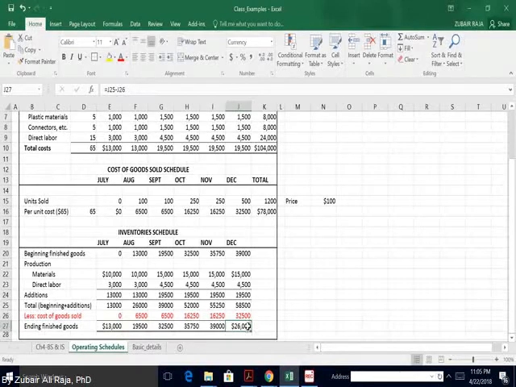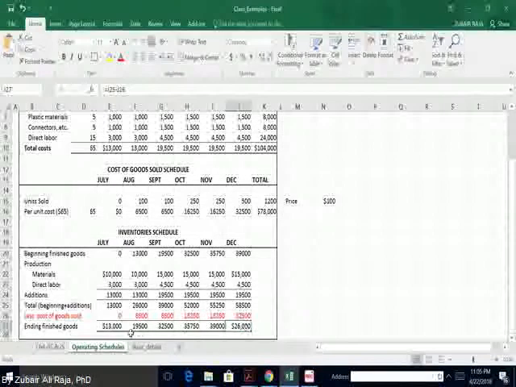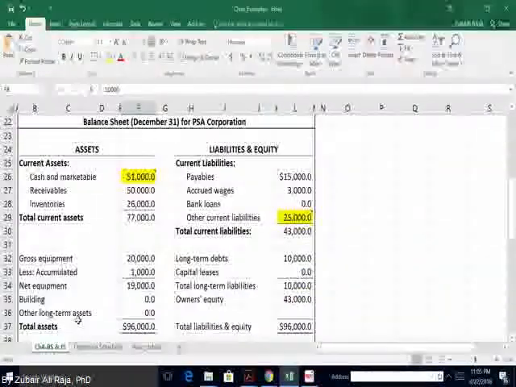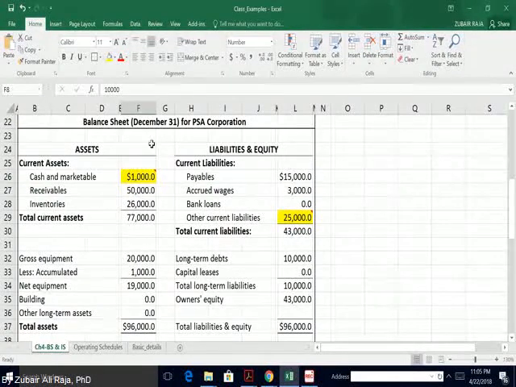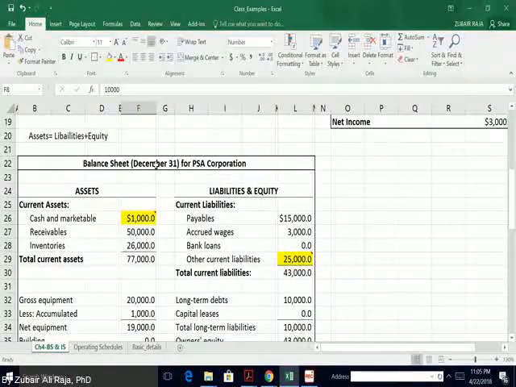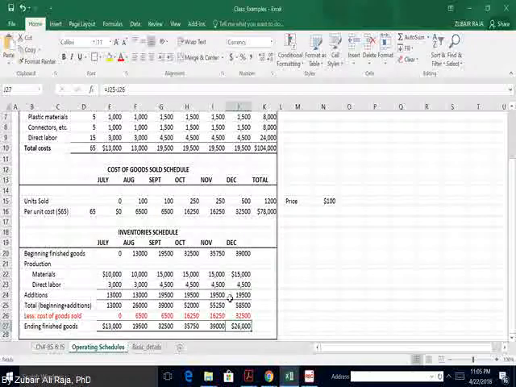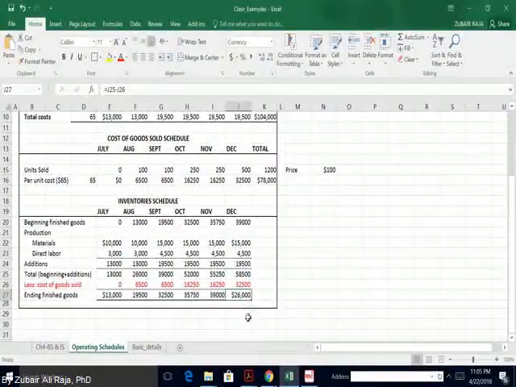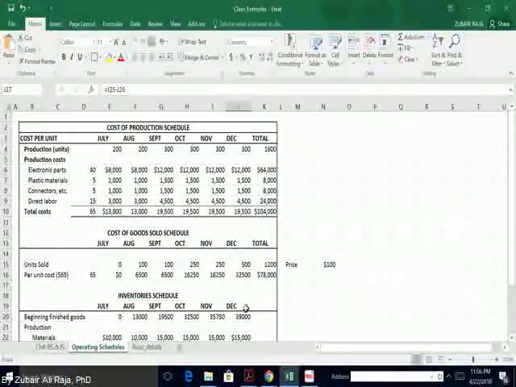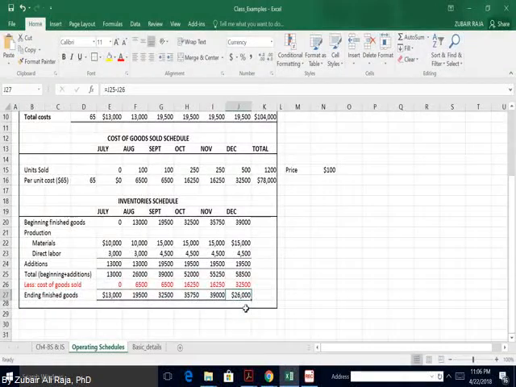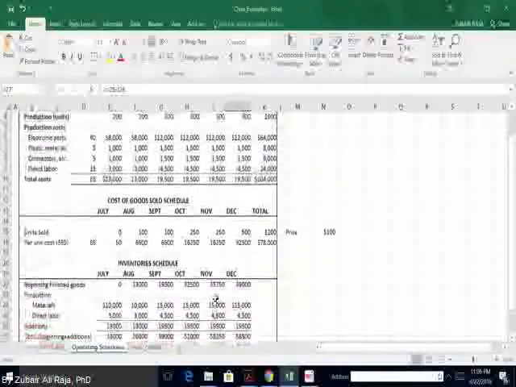And this is the same number which will go into the balance sheet of 31st December of PSA Corporation under the head of inventories. So this concludes my third part of the current series of lectures on the small business finance topic, how to prepare and use the financial statements.